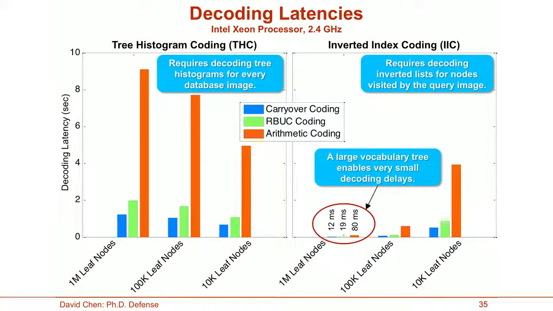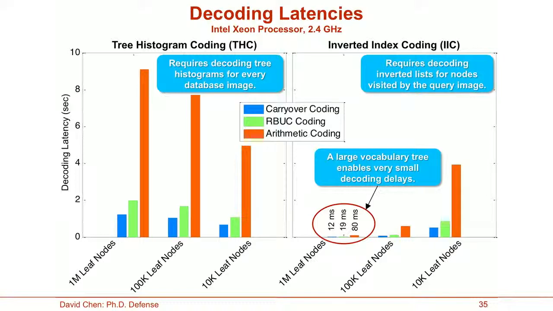For inverted index coding, the smallest delays are obtained by the largest vocabulary tree, which is the one that has 1 million leaf nodes. This large tree we saw before had the best retrieval performance, so this gives 2 good reasons in practice why people prefer to use a large tree.